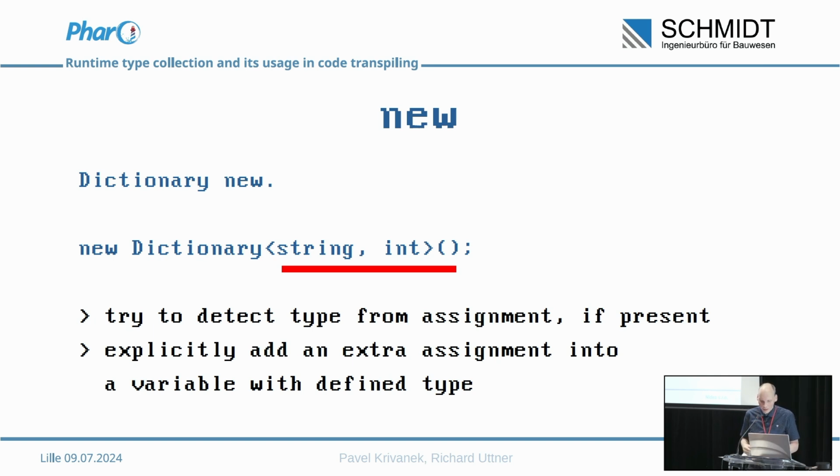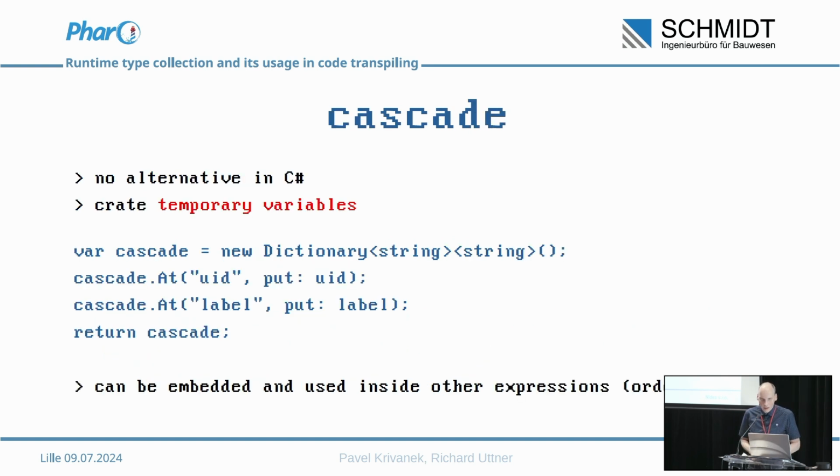A huge problem is the cascade because C# doesn't have it, and in Pharo, in Smalltalk, it's used a lot, and it saves you a lot of temporary variables. So we create new temporary variables for each cascade, and of course in Pharo or in Smalltalk the cascade can be embedded.